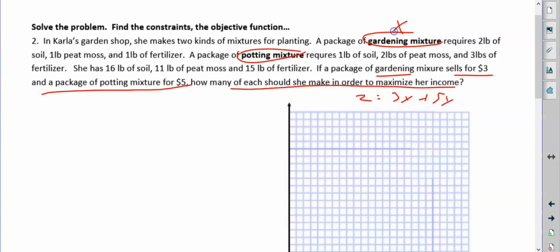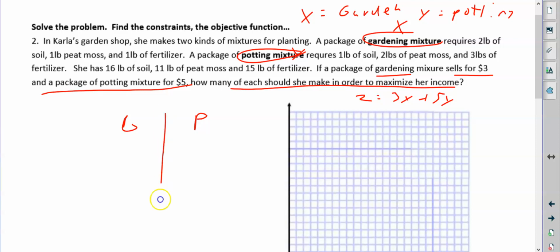So I'm going to make this my x and this my y. So x is gardening and y is potting. Okay? So if you're making a box, it would be gardening and potting. And you don't have to make it this official, as long as you have something like this.